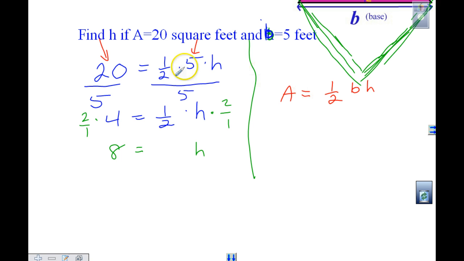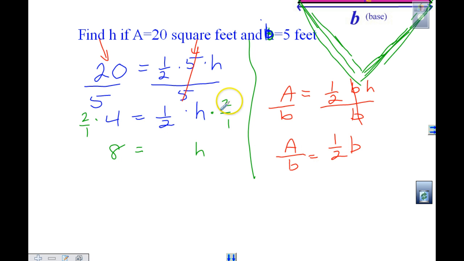Area equals 1/2 base times height. Over here I divided both sides by 5, so it canceled out. So over here I can divide both sides by b. Still cancels out in the same way. On the left side I did 20 divided by 5 is 4, but here I can't simplify area divided by base, so you just leave it. Area over base equals 1/2 h.